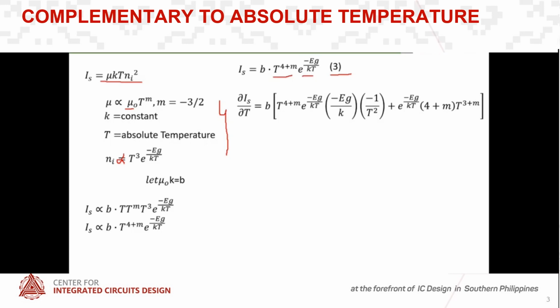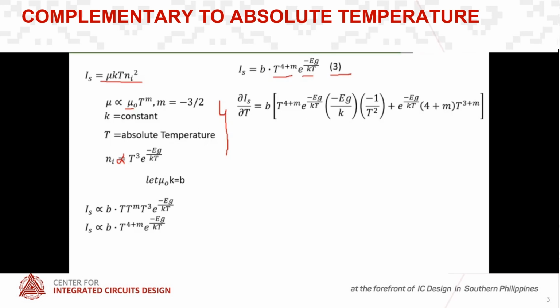The first term times the derivative of the second term, e raised to negative Eg over kT times negative Eg over k times negative 1 over T squared. Next, add the second term times the derivative of the first term: e raised to negative Eg over kT times 4 plus m times T raised to the power of 3 plus m.